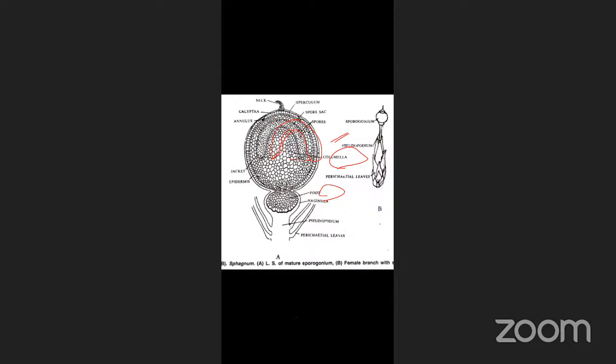Now dispersal, dehiscence of the capsule. After the columella matures, it dries up, breaks down and forms a large air cavity below the spore sac. So the columella completely dries up and forms an empty air space.